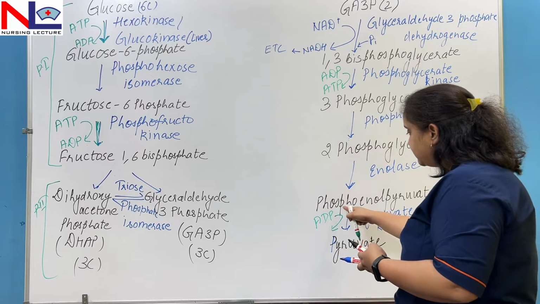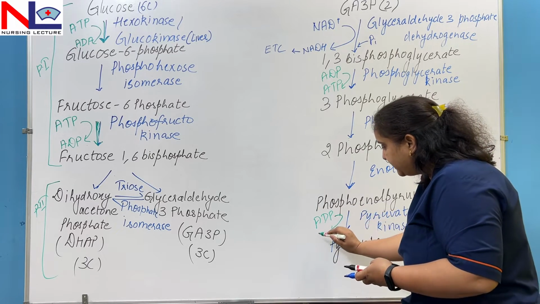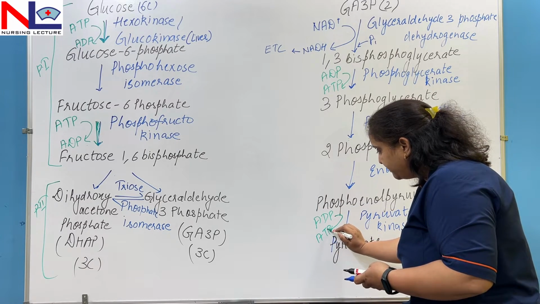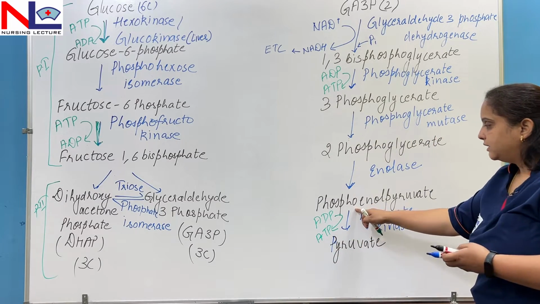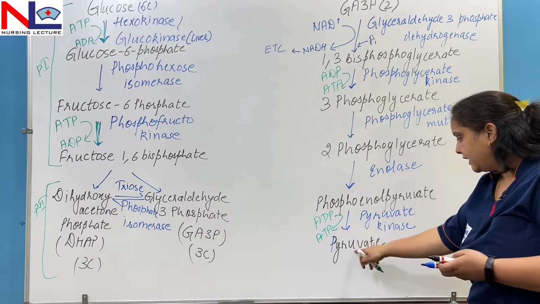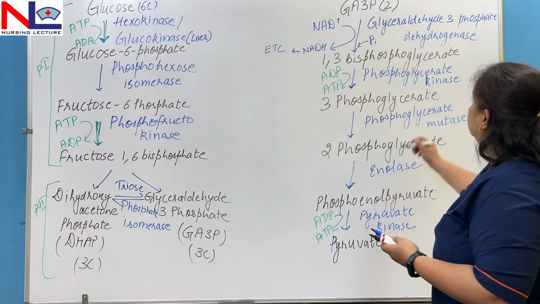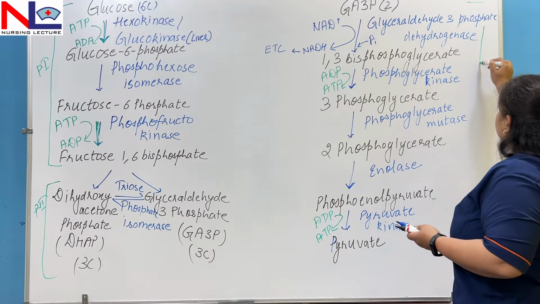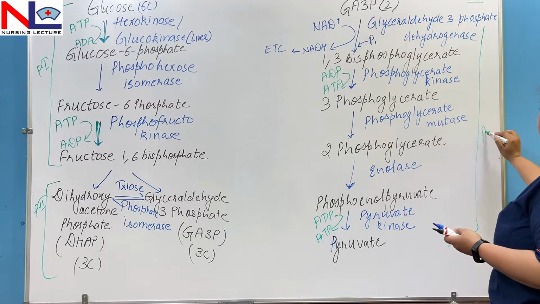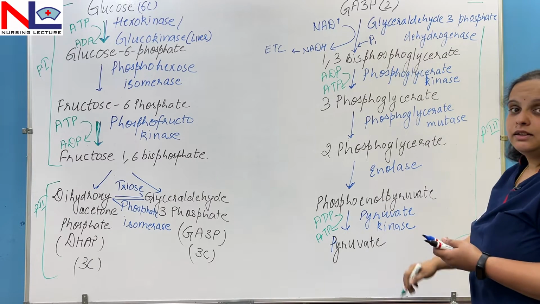ADP utilizes this phosphate group and gets converted into ATP, and thereby the phosphate group gets detached and forms the end product pyruvate. So this is the third phase where the energy gets produced.